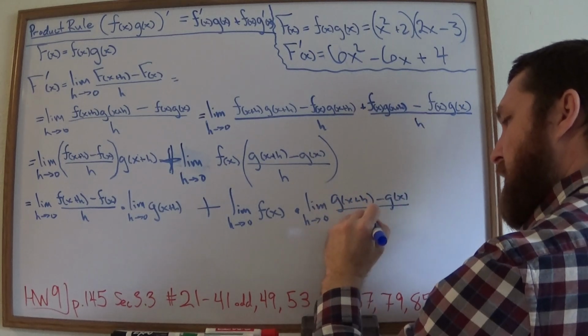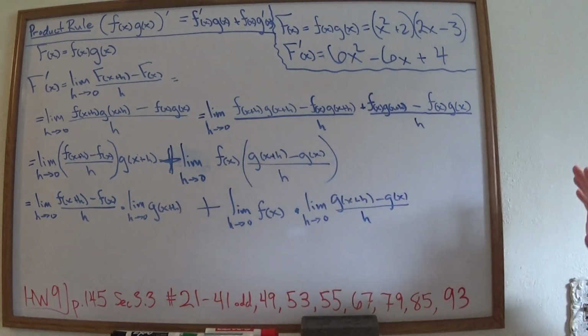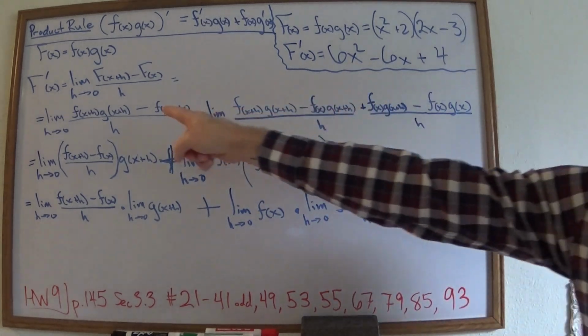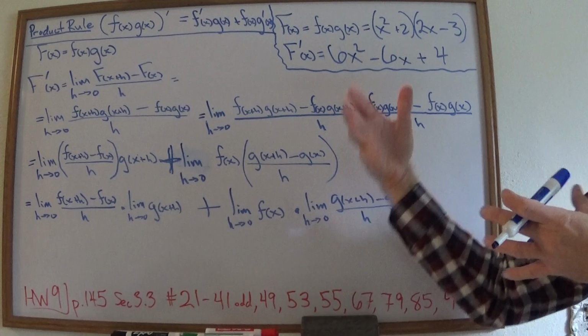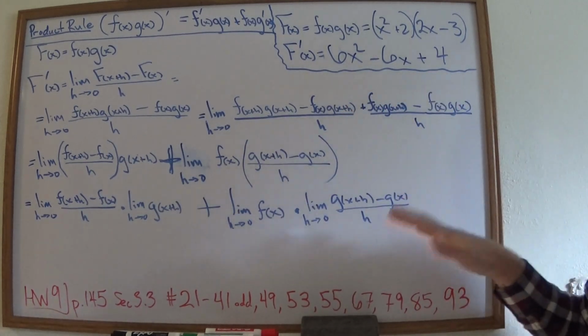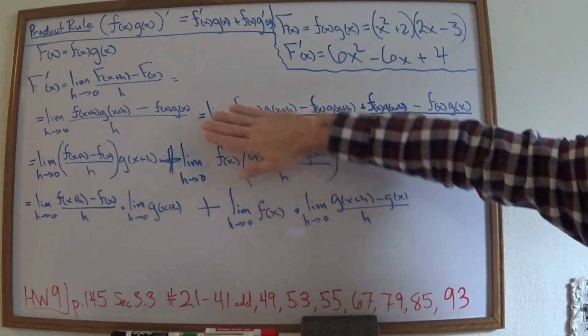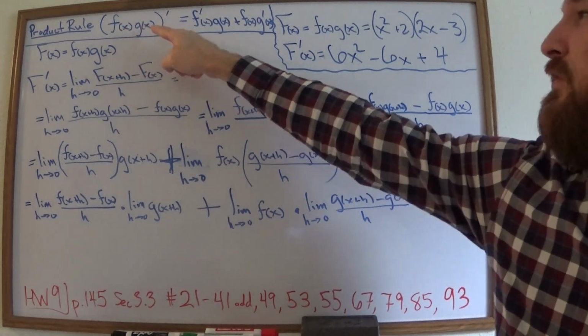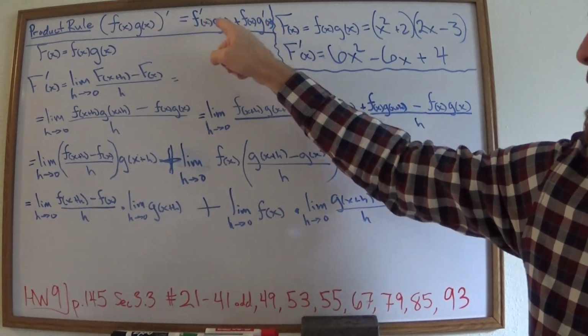Okay, I'm going to stop. Is everything good here? This is exactly the same thing as that. I've added and subtracted a term, but that hasn't changed anything. Why would I do this? And why didn't we just leave it like that, or maybe leave it here or something like that? Well, if you have an f and you have a g, this is actually quite easy to derive.